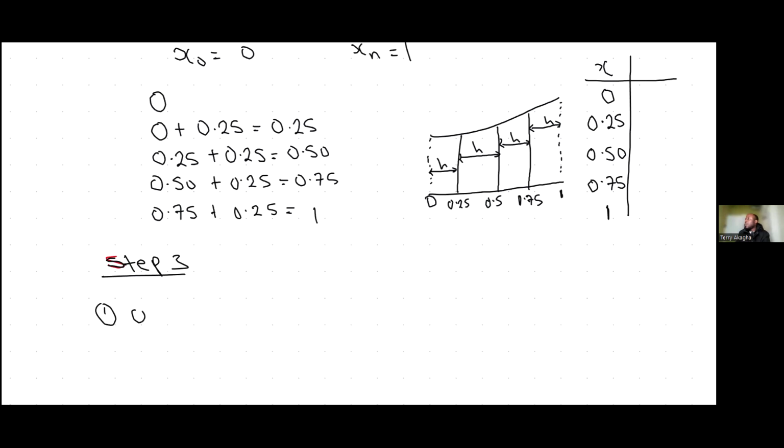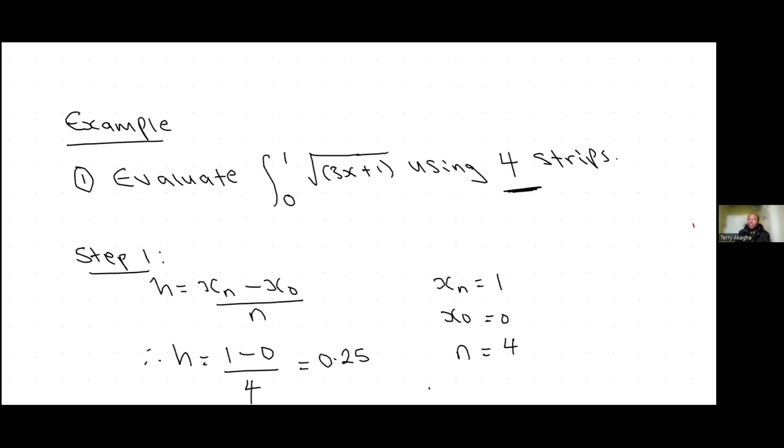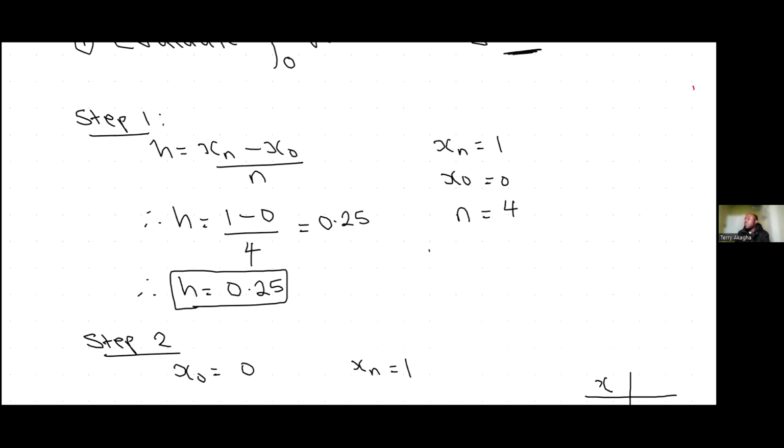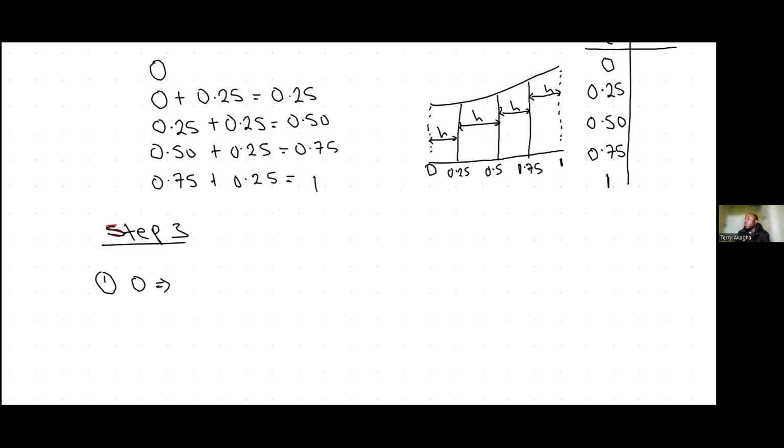To get the y value for that, we substitute it into the original equation, y equals square root of 3x plus 1. So we put 0 into x, so that becomes square root of 3(0) plus 1. And when you press your calculator, that will give us 1.